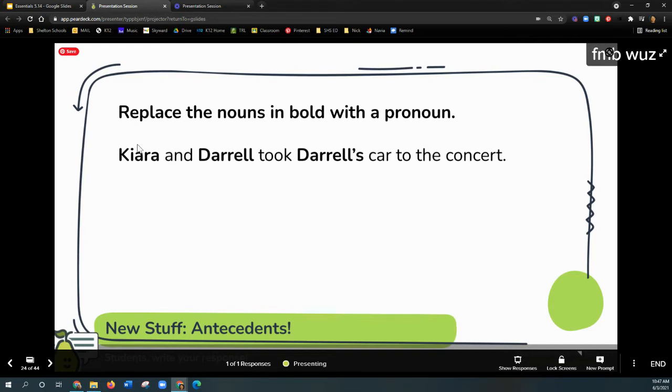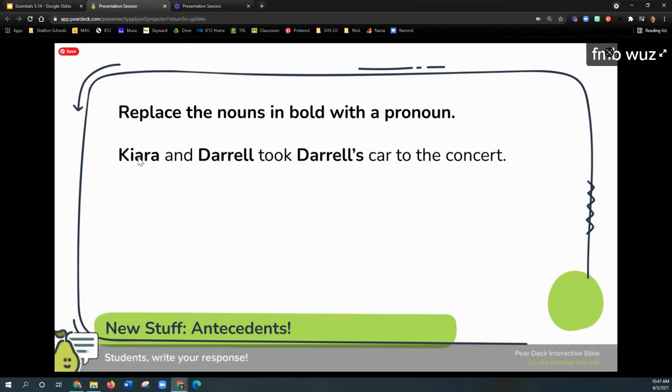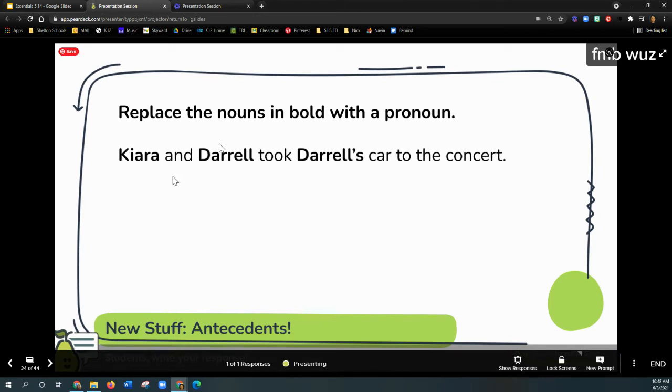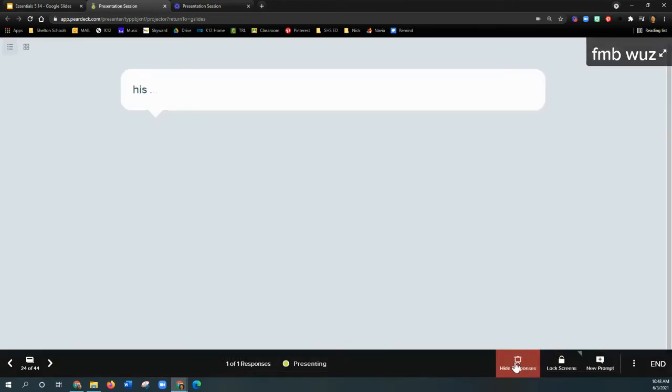You could even replace these two names. So this particular example has multiple ways that we can do this. So you can simplify it a lot if you assume that you've already discussed who Kiara and Daryl are.